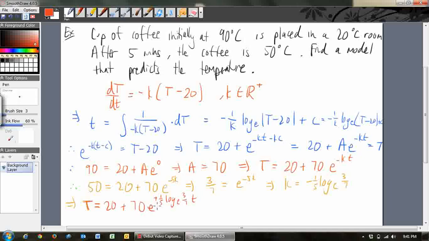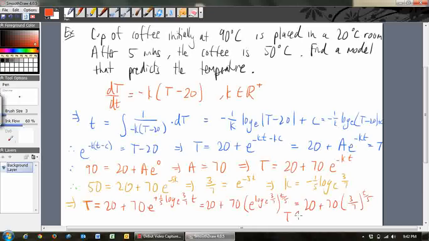Again, let's put this log e part down into here, just like we did last time. So that's 20, I'm going to run out of space, plus 70, and in brackets I'm going to have e to the power log e 3/7, to the t over 5, which is equal to 20 plus 70, and this is all equal to 3/7, so times 3/7 to the power t over 5, and there we go, there's your temperature.